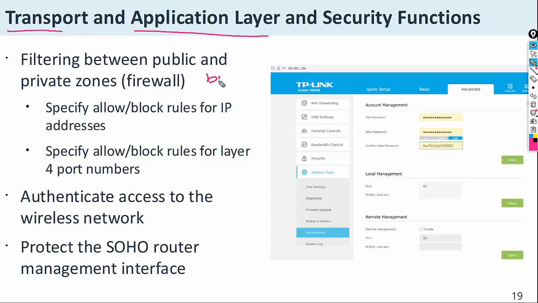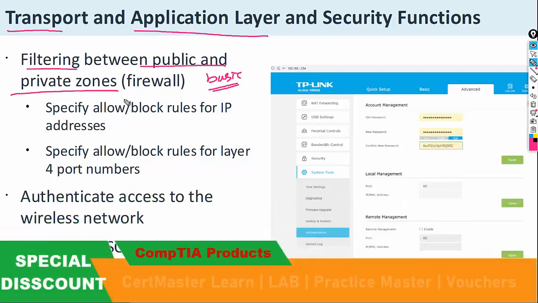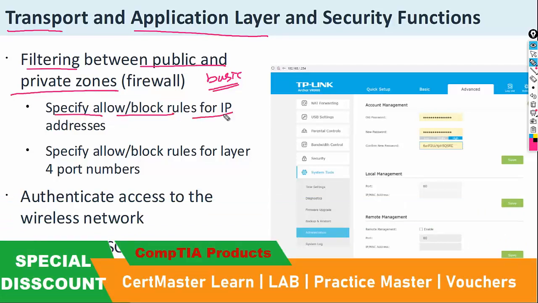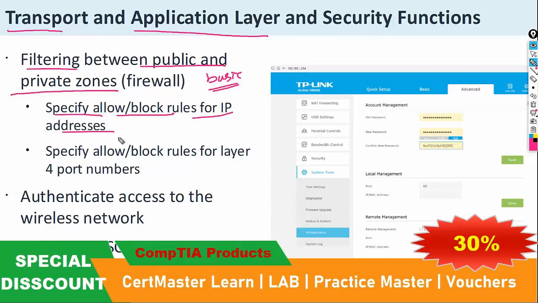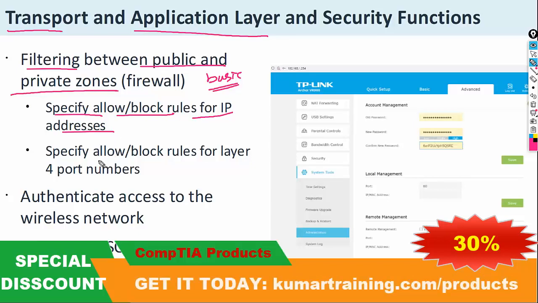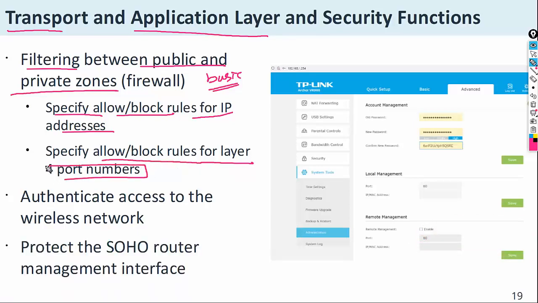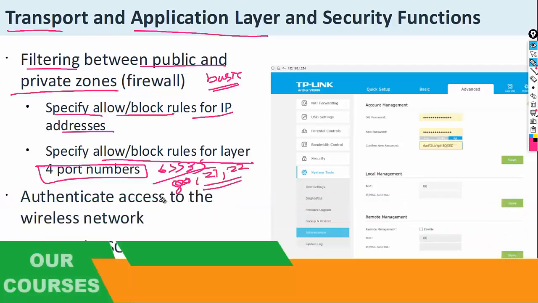There is a basic firewall which does the filtering between the public and private zones, and you can specify allow or block rules based on IP addresses, meaning this IP address should be blocked or this IP address allowed. There are also specific allow and block rules for layer 4 port numbers, meaning any port number up to 65535. It may be 80, it may be 21, it may be 22, whatever it is.